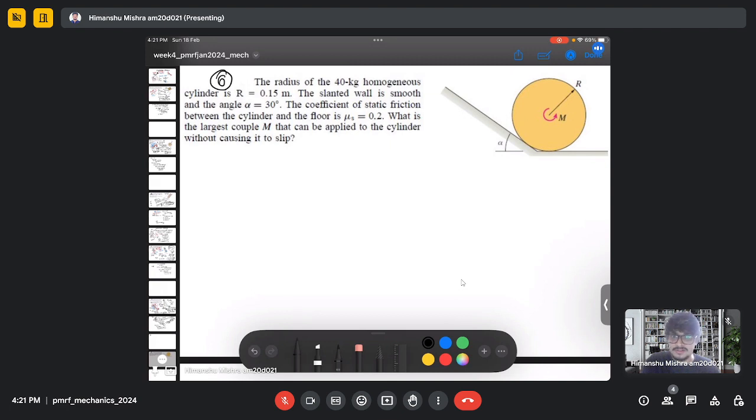The coefficient of static friction between the cylinder and the floor is μs 0.2, and we need to determine the couple M which can be applied to the cylinder without causing it to slip. So there is friction only between the floor and the cylinder, and no friction between the inclined wall and the cylinder. So first let's make a free body diagram.